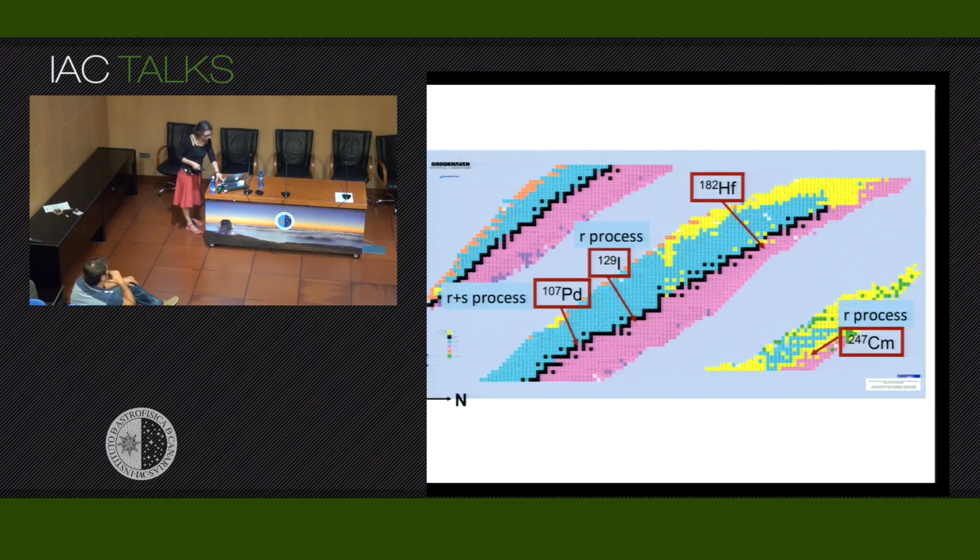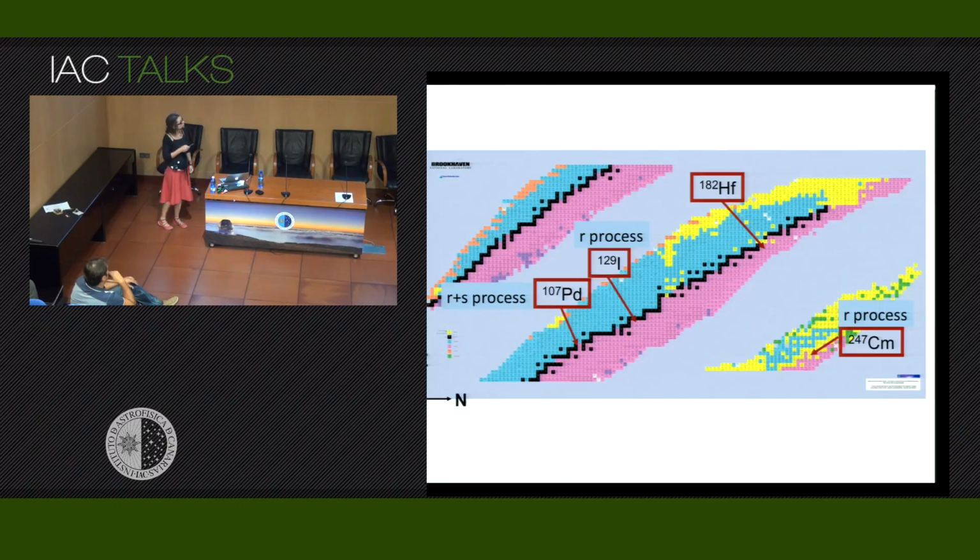What about the others? So the iodine-129, we have already said R process. That's it, only one source. For the palladium-107, it is located both on the S process and on the R process path. So for this nucleus in particular, it can be produced by both processes.